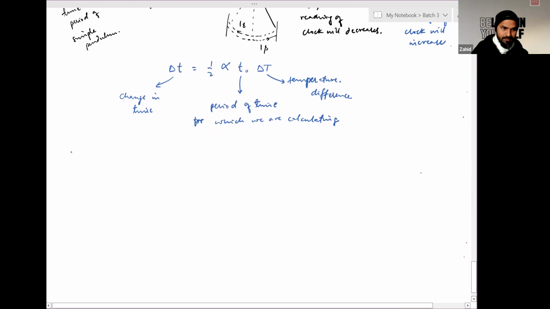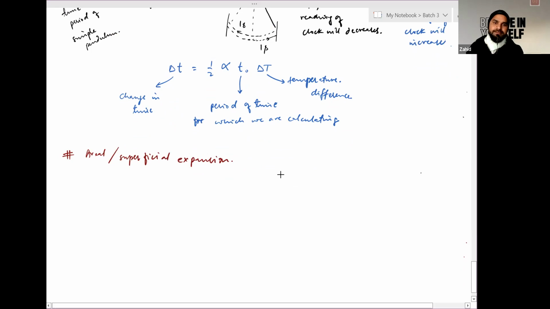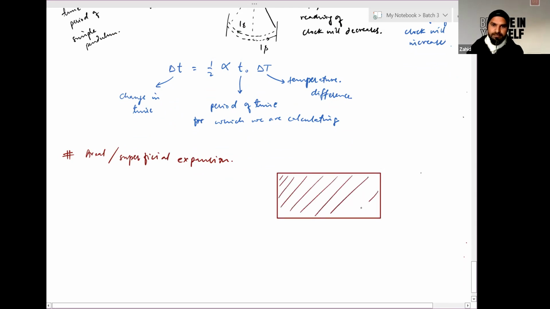Next, areal or superficial expansion. Suppose you have a rectangular sheet having initial length L0 and breadth B0.